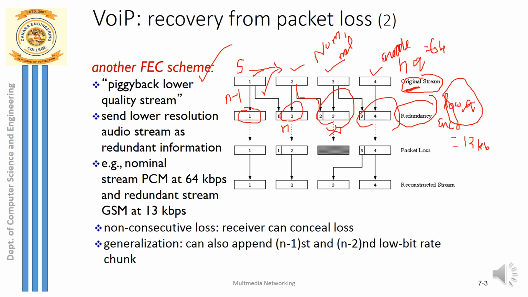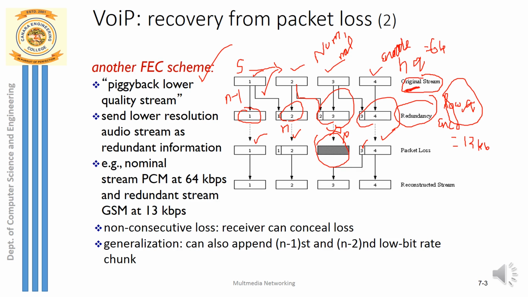Whenever it reaches the receiver's end, say the third chunk is lost. The first chunk is reached as it is, the second chunk is reached with the previous one from the nominal stream added, but the third is completely lost. But the fourth you are getting, and the fourth chunk, remember, is appended with the previous chunk, the third chunk, which was taken from the nominal stream.